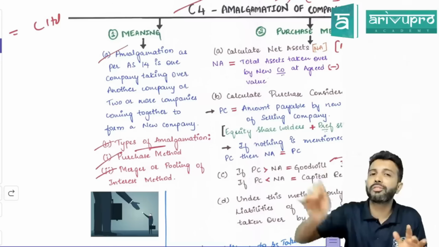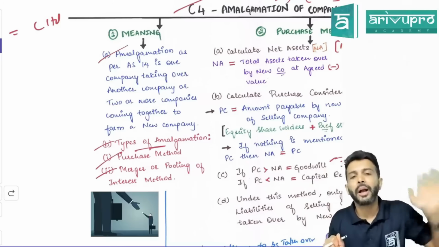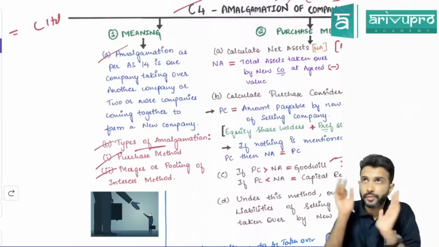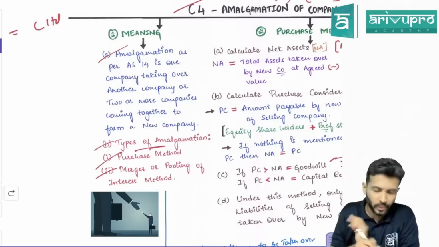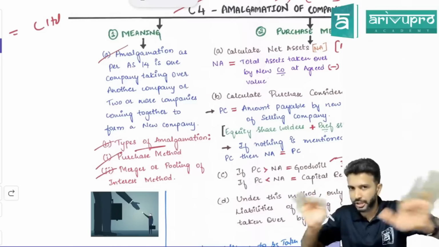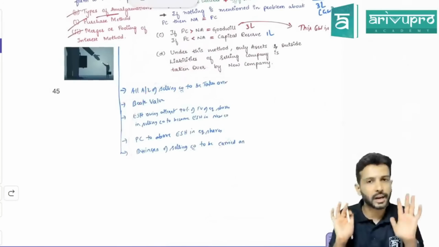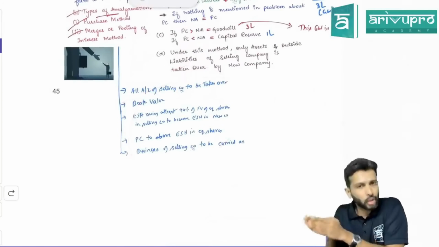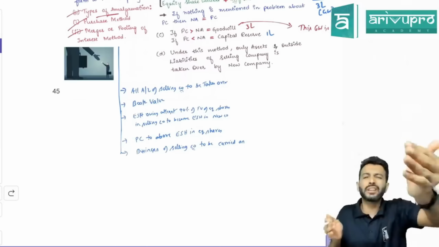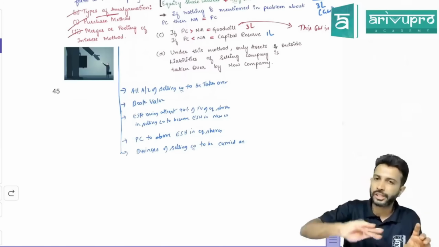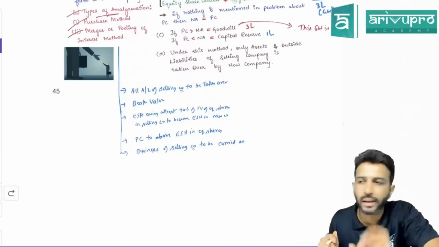Even if one among the 5 fails, it automatically becomes purchase method. So if the question itself says it is purchase method or merger method, don't bother testing the 5 conditions. Directly start with the problems. If they don't give which method, then you test and accordingly find out whether it is purchase or merger and do your further accounting treatment.